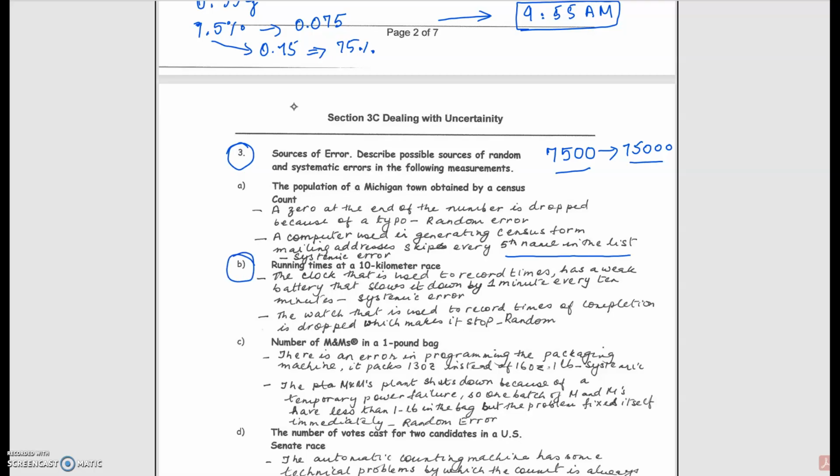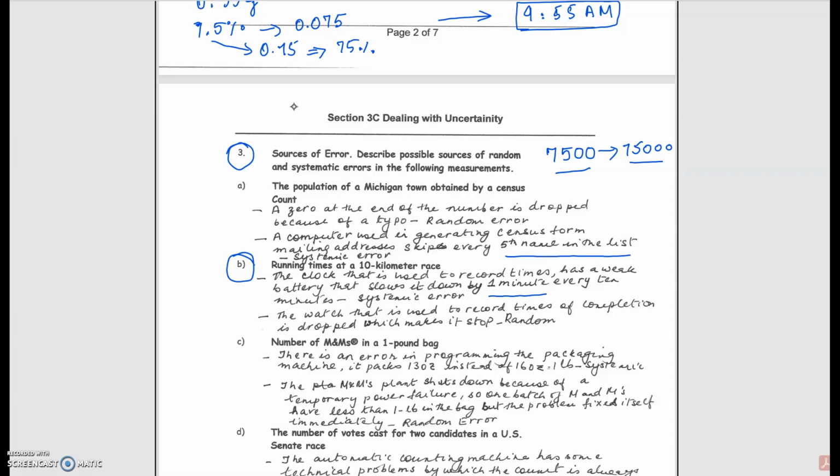Now let's look at the next example. Running times at a 10-kilometer race. Let's say the person who's in charge of measuring the running time at a 10-kilometer race does it using a stopwatch, and this stopwatch or clock was consistently showing 1 minute less for every 10 minutes of running time.